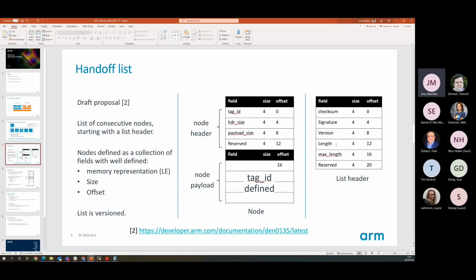Following the list header, there's going to be a set of consecutive nodes, and that's pretty much the data model. And the nodes are going to be present in an upstream repository, but I'll talk about that in the next slide. For now I'll just pause and ask whether there are any questions, and whether you consider this a feasible approach for the payload interface.